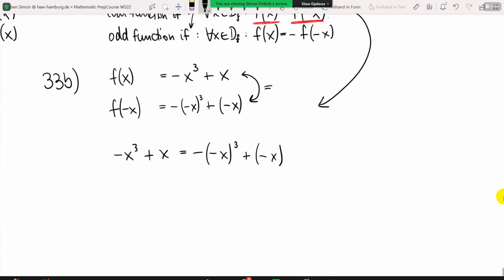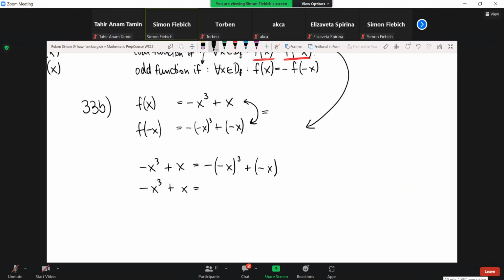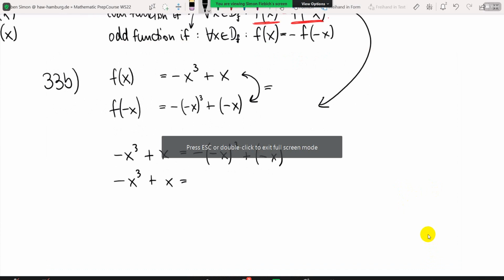And this stays the same. And in this case, negative x times negative x times negative x. If you multiply a negative number three times, it will still be negative, and its magnitude, of course, will then be x to the power of 3. But you have another minus in front. And that's why this happens to be, just a second. Okay, yeah, that's true.